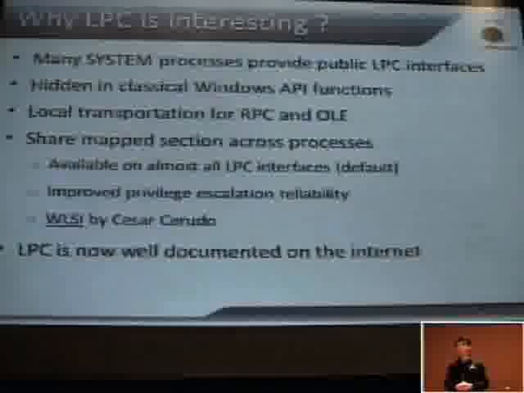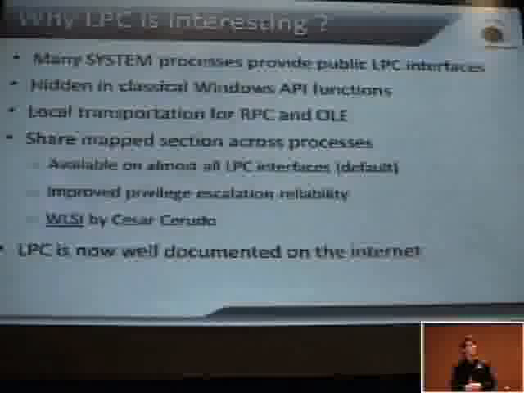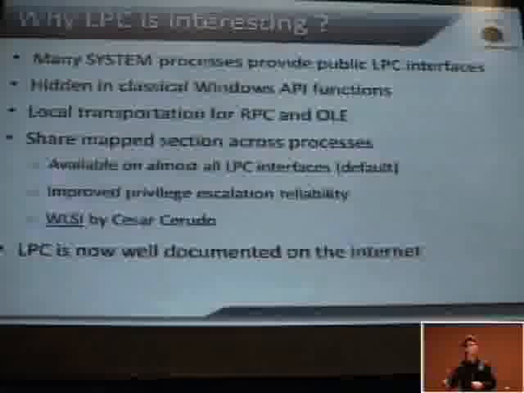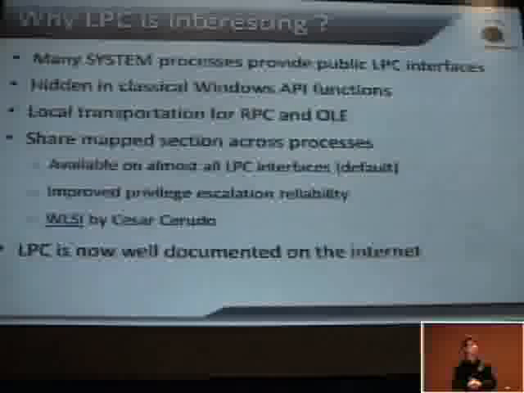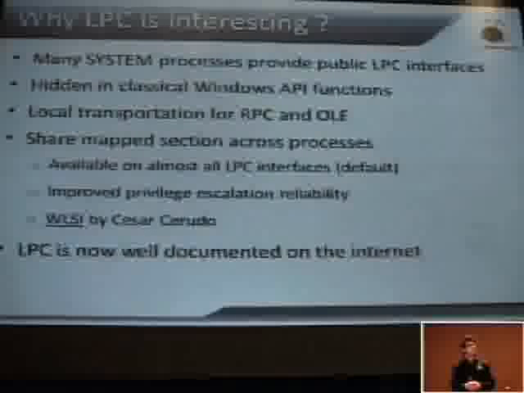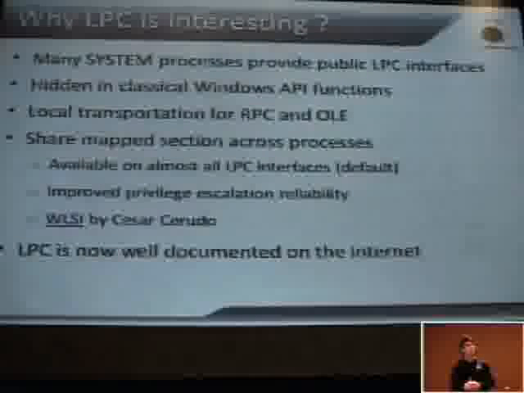And Cesar Cerrudo introduced a feature of the ALPC that allows remote mapping of sections. Basically, you are able to map a section on the server process, and you have the remote base address. That made local privilege escalation a lot easier. So that's mainly why the ALPC interface is known for privilege escalation reliability.